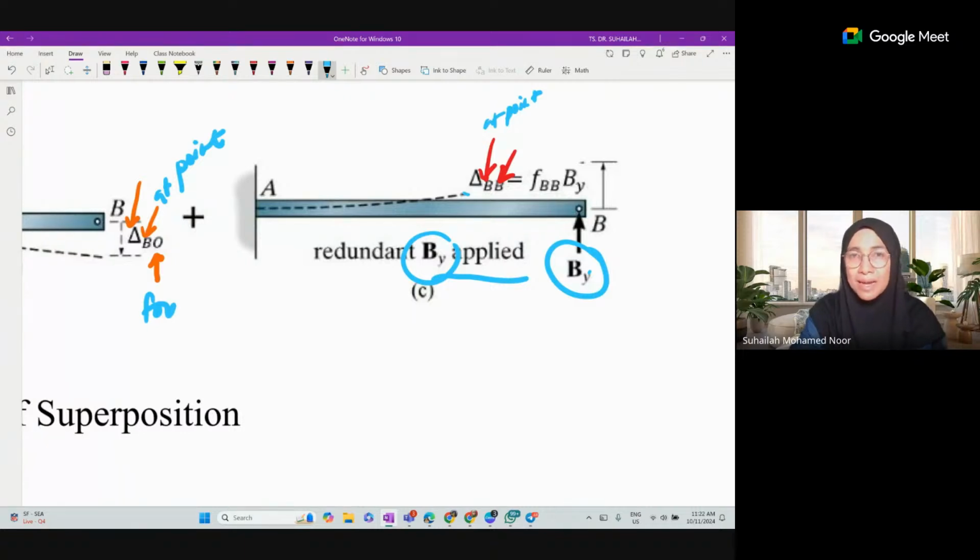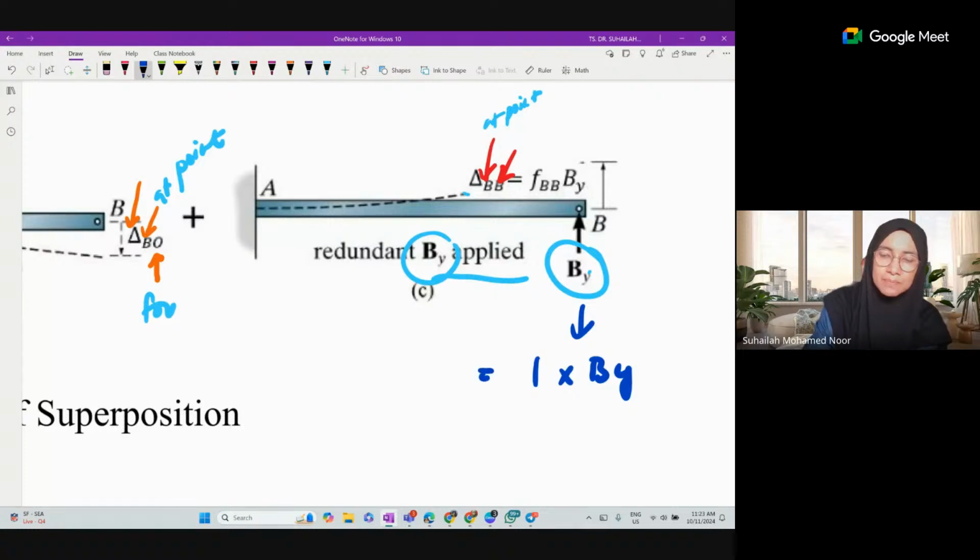So in order to analyze this cantilever beam, what we need to do is we change BY to 1 times BY. Whenever we change this, the delta also changes.